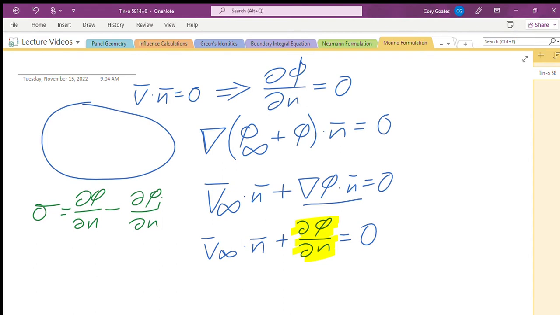So we've got half of this in the equation, but we don't really know what partial phi I partial n is. Otherwise, we could probably express this term over here in yellow in terms of source strength.